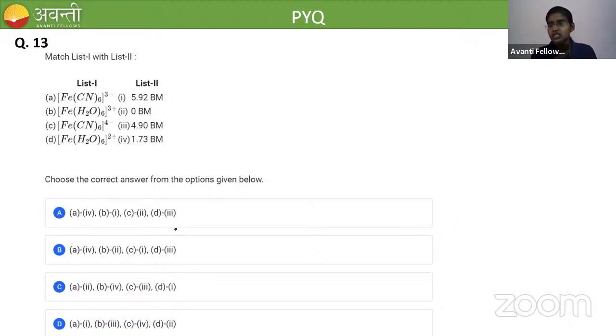By finding the oxidation state, you will get to know the number of unpaired electrons present by seeing the ligands. And from the number of unpaired electrons, you can straight away get the magnetic moment value. If the number of unpaired electrons is 4, then the value will be 4 point something. If the number of unpaired electrons is 1, then your magnetic moment will be 1.73. So these are fixed values, right? So just try to find out the n value.